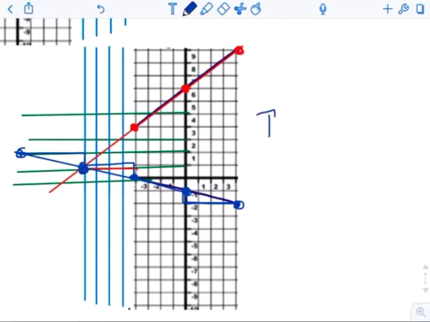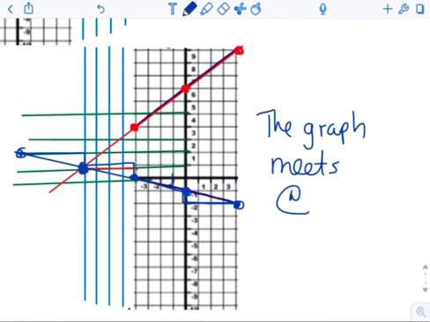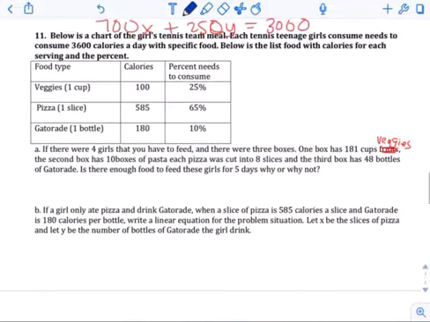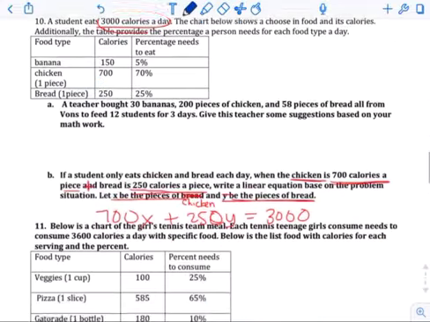So the graph meets at, what number is this? 1, 2, 3, 4, 5, 6, 7, 8. At -8 and 1. Okay? And that's how you do that. Sure, most of you know how to do these, so I'm not worried.